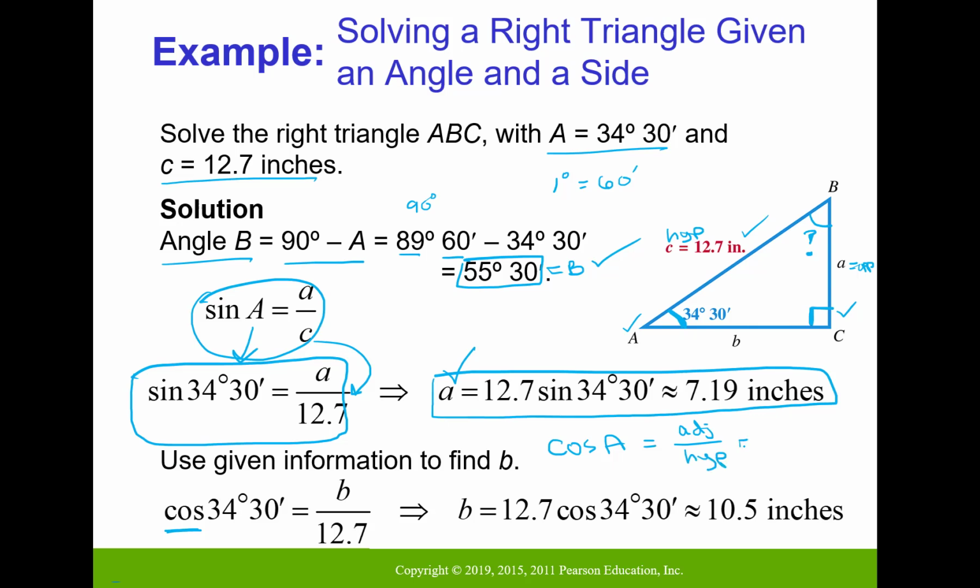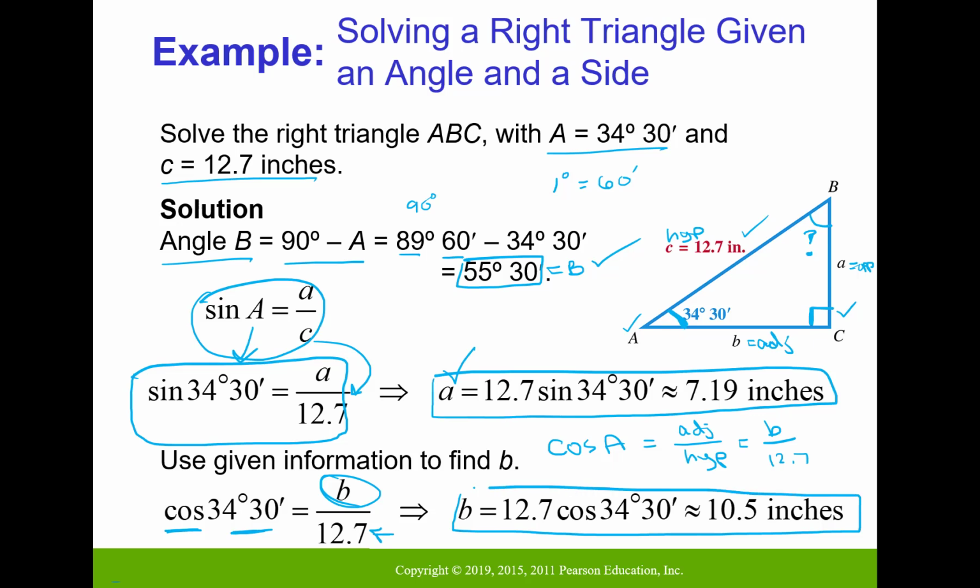For our image here, the adjacent to angle A would be over here, side B, over the hypotenuse, which is 12.7. So we fill in our values. We know our angle A, we know our hypotenuse, and then we just solve this equation for the unknown value of B. And so B is 12.7 times the cosine of our angle, which is about 12.5 inches.